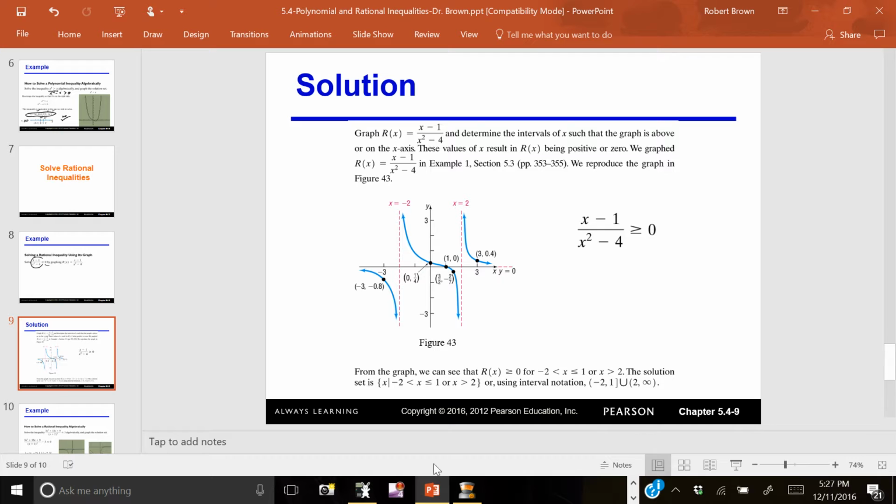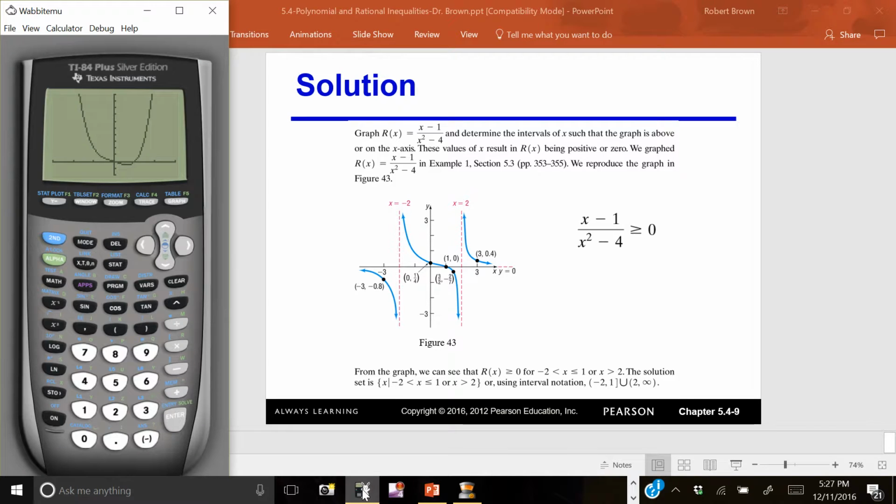Here is the result here, but let's do it on our calculator: x minus 1 divided by x squared minus 4, and then zoom to the standard window.